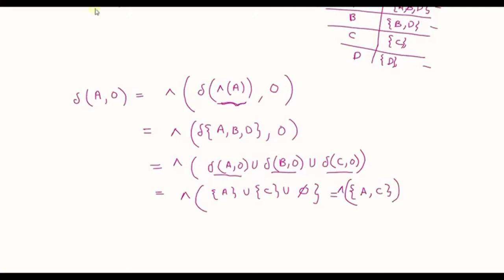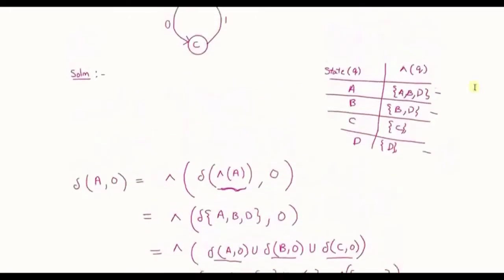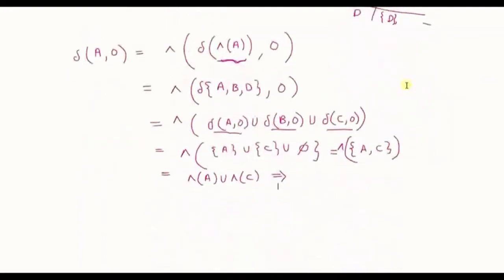Now as you know, what we have got here is E closure of a set of states. So how to find out E closure of a set of states? This can be further written as E closure of state A union E closure of state C. So what is E closure of state A? E closure of state A gives you ABD here. So the answer to this is ABD.